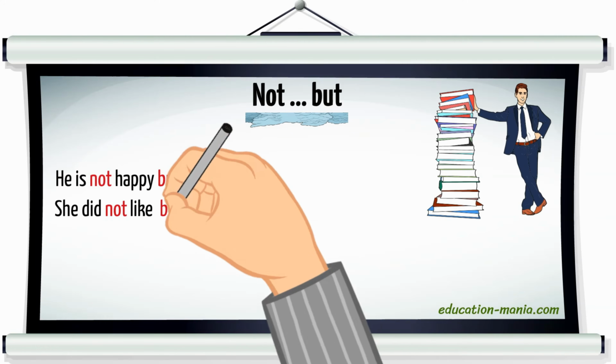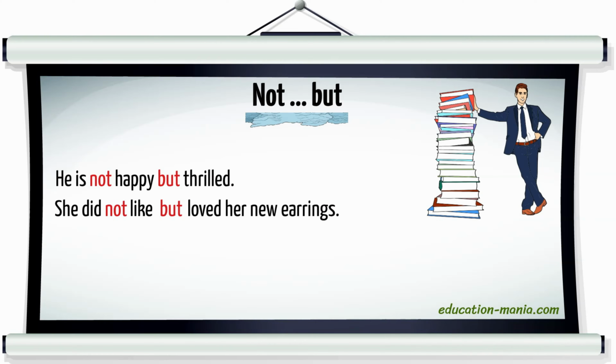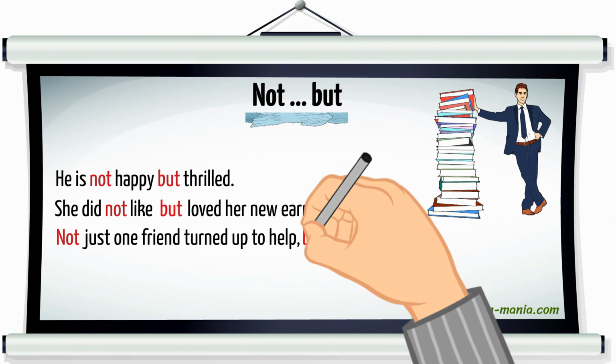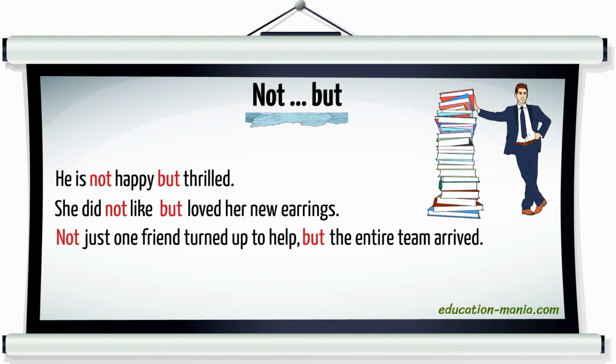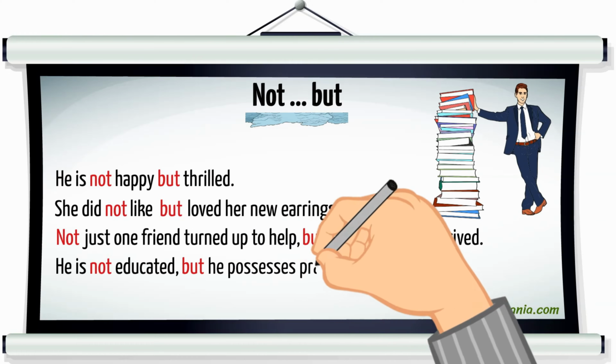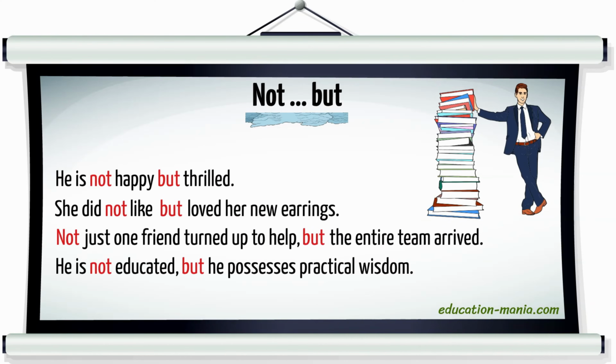She did not like, but loved her new earrings. Not just one friend turned up to help, but the entire team arrived. He is not educated, but he possesses practical wisdom.